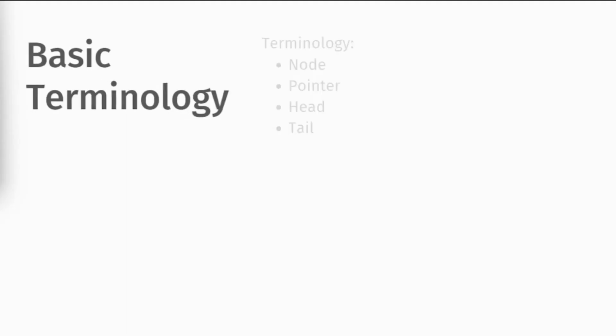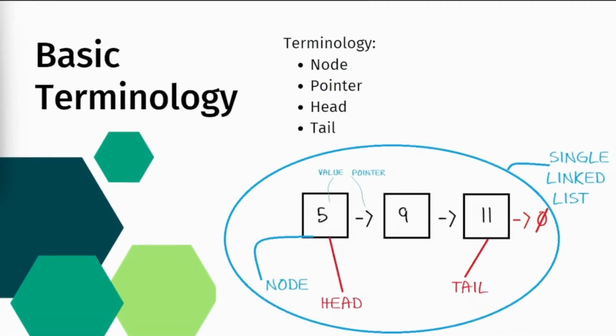There are some basic terminologies in the linked list we need to look at. The first one is node, the second one is the pointer, the third one is the head, and the last but not the least is the tail.